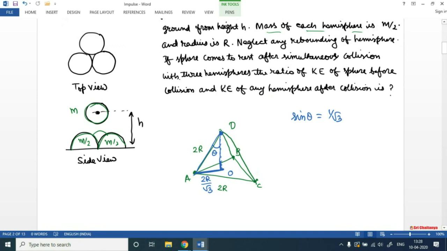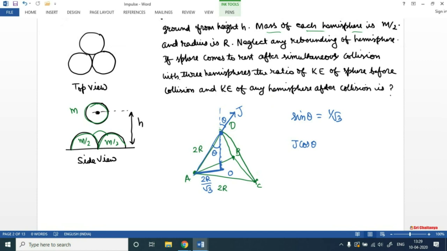Let's take one hemisphere exerting some impulsive force J on the sphere. It has a vertically upward component, which is J cos theta.